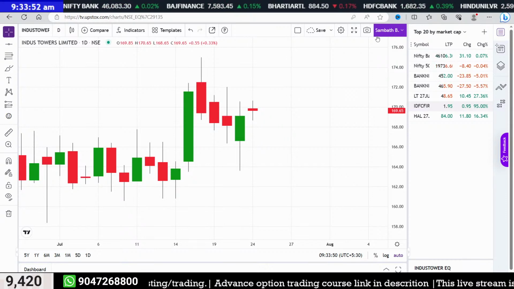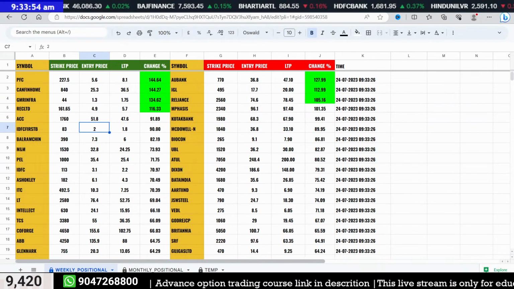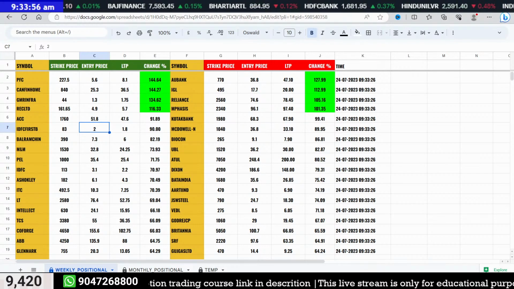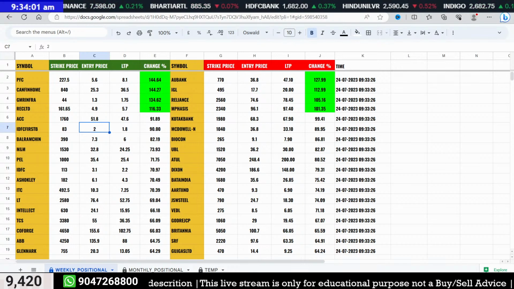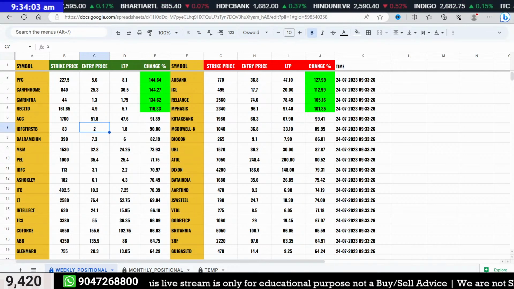Bank Nifty turns positive. ACC is not a good liquid one, so better to wait. And only quality and liquid stocks you can focus on.